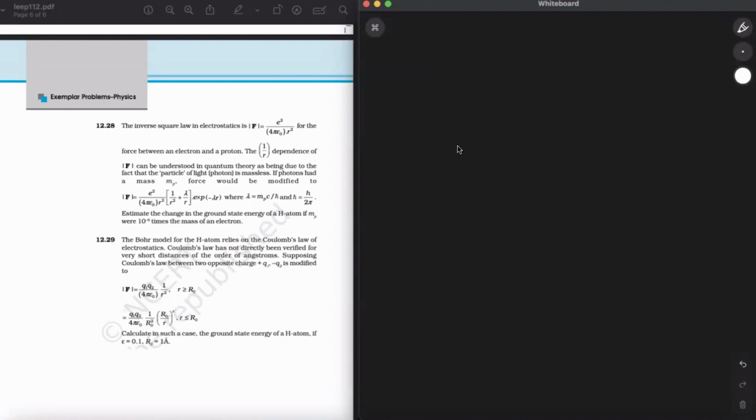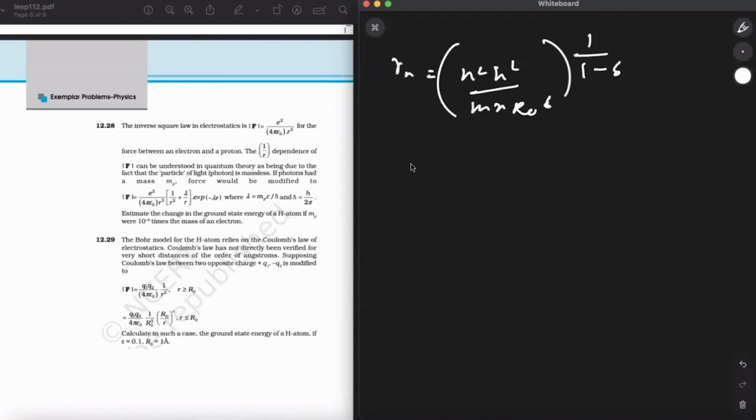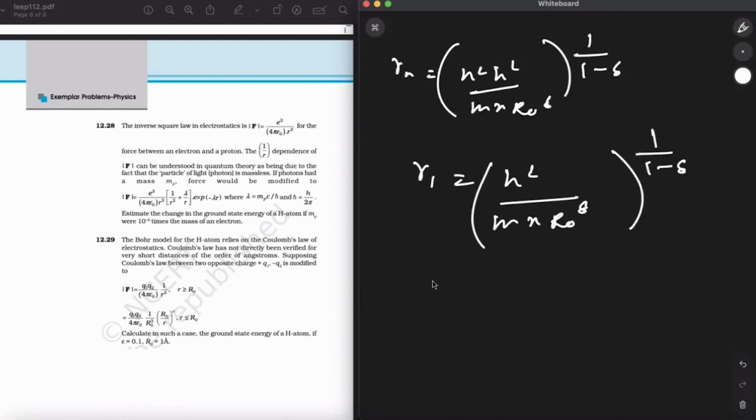Now solving for r, the radius r_n can be written as n square h square upon m X r naught delta, raised to 1 upon 1 minus delta. If I take n equal to 1, r1 will be equal to h square upon m X r naught delta, raised to 1 upon 1 minus delta.